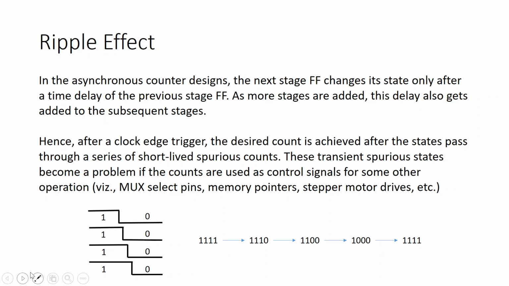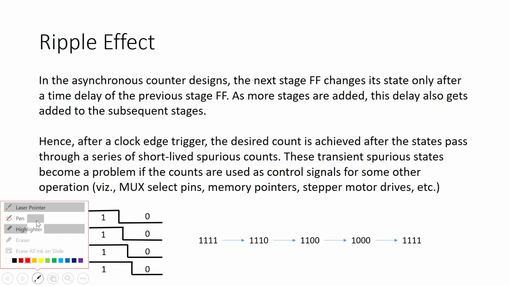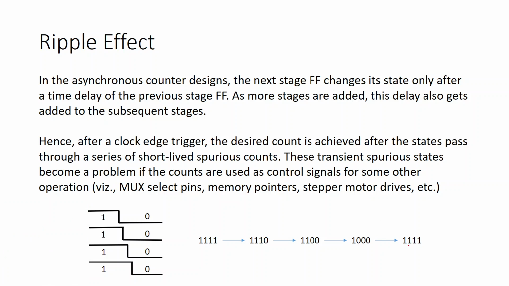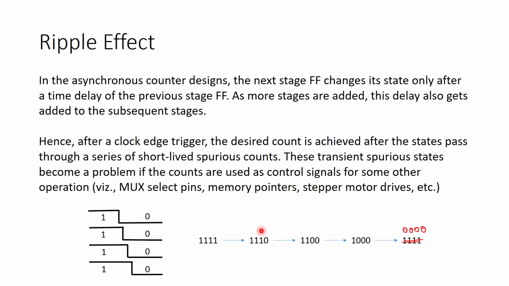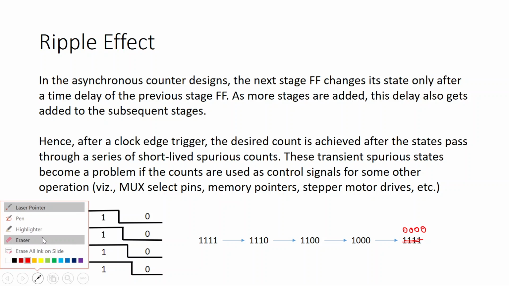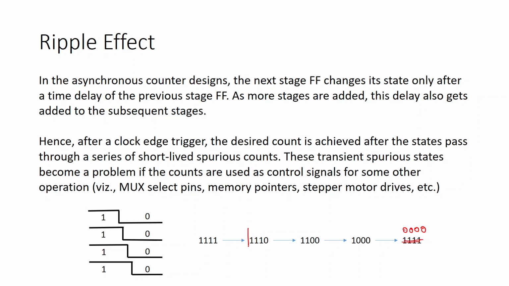Sorry, the first one is not 1111, this should be 0000. Okay, so you see these three counts here, which are all spurious counts.